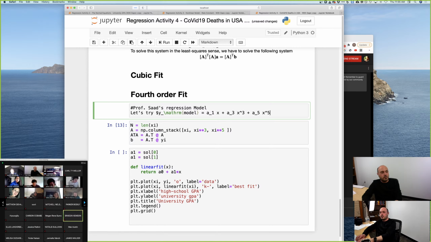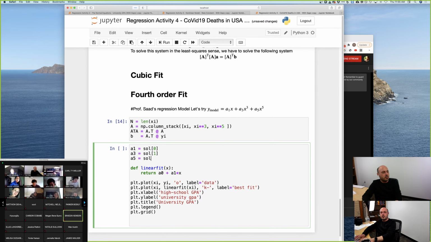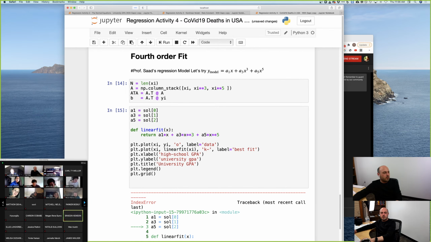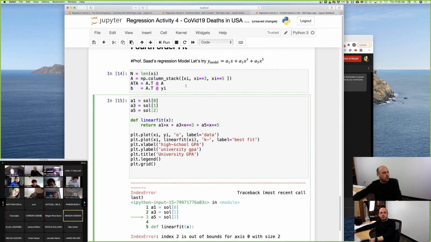The reason I chose this is to show you that you cannot do this with built-in Python. You have to program this by hand. Okay, so a1 is sol 0, a3 is sol 1, and a5 is sol 2. And then I have a1 x plus a3 times x cubed plus a5 times x to the 5.